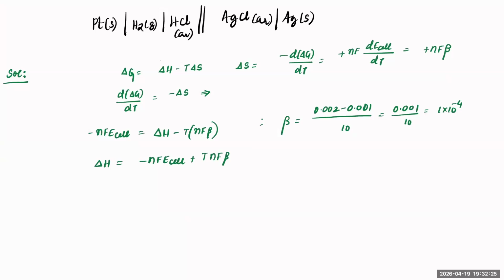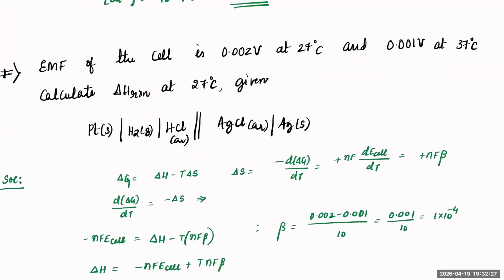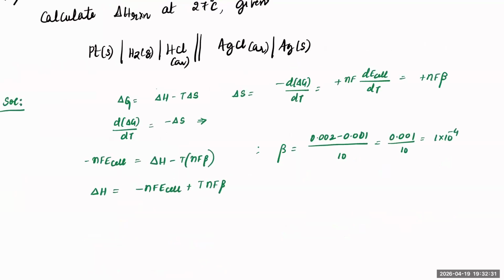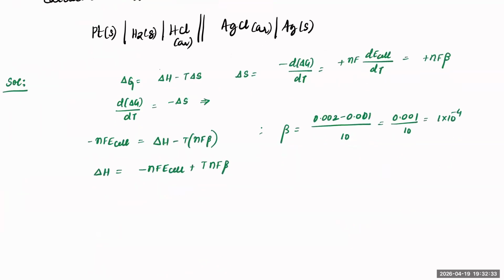Now, we were asked to calculate this at a temperature of 27 degrees. Let me write down what is the overall equation here. So it is H2 getting converted to 2H plus 2 electrons, while AgCl of 2 moles is accepting 2 electrons to become 2Ag plus 2Cl minus.